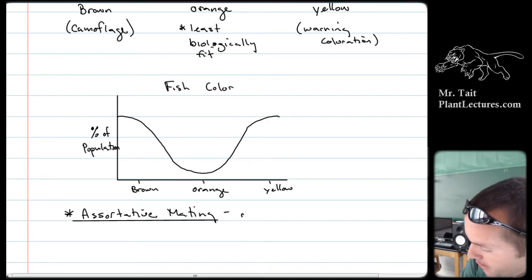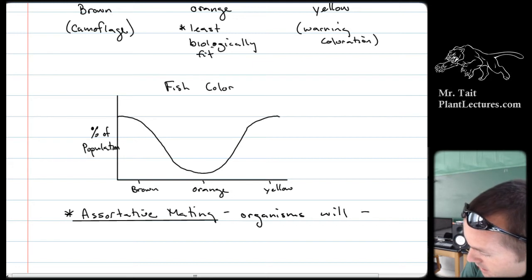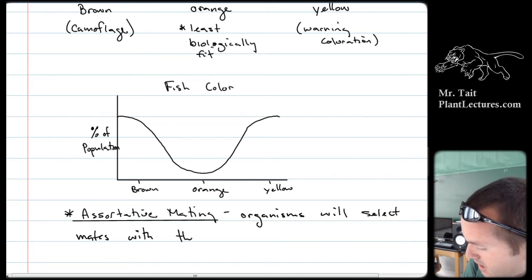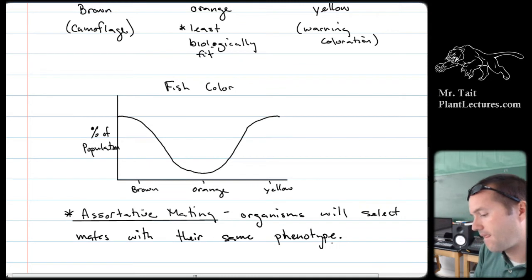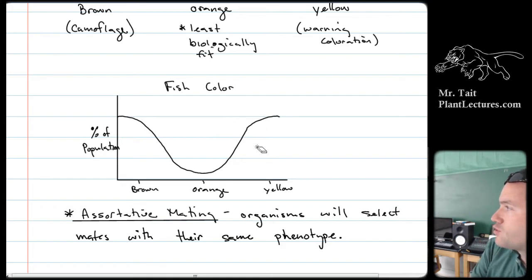Okay, organisms will select mates with their same phenotype. Okay, so that means that brown fish will mate with brown fish and yellow fish will mate with yellow fish.